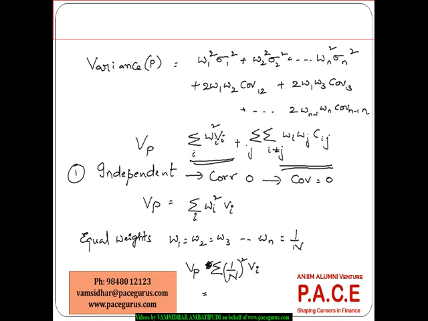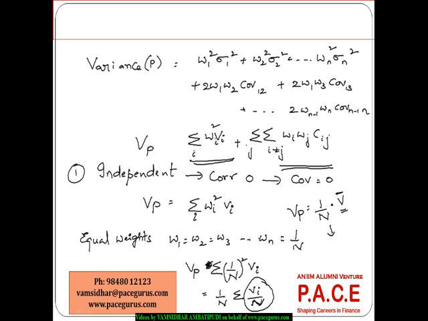The other way of saying it is I take 1 by n out and say sigma Vi divided by n. So it is the summation of all the individual variances divided by the total number of securities. I can call it 1 by n times the average variance, because sigma Vi, the summation of all the individual variances, divided by n gives me an average variance. So average variance divided by n is the variance of the portfolio.